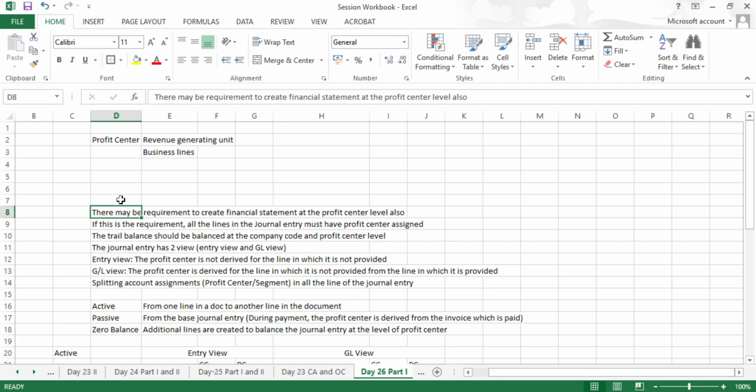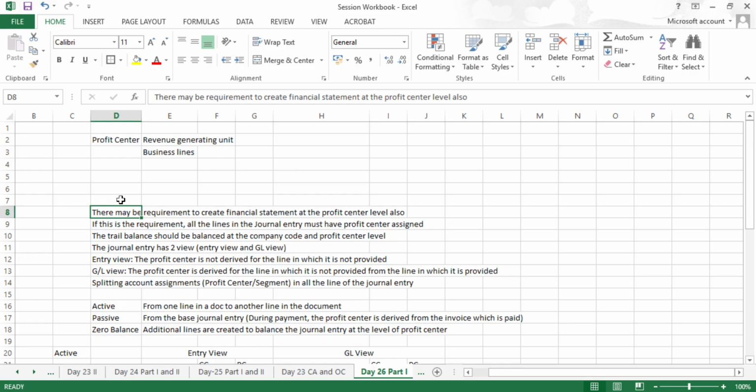Number one, there is always a requirement to generate the financial statement at the company code level. However, there may be a requirement to generate the financial statements, which is nothing but the trial balance, balance sheet, and P&L, at the profit center level as well.